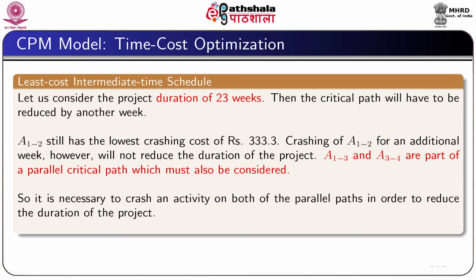However, we will not be able to reduce the duration of the project by doing so, as activity 1 3 and activity 3 4 are part of a parallel critical path, which must be considered at the same time. So, to reduce the duration of the project, it is necessary to crash an activity on both the parallel lines.